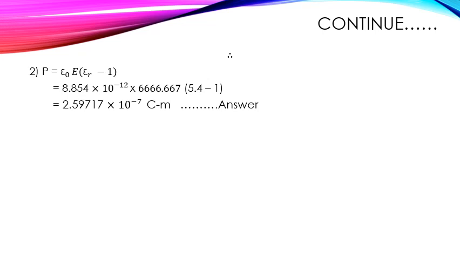Now what is polarization? We know that a dielectric consists of molecules, the atomic nuclei of which are effectively fixed relative to each other. So in the absence of any external field, the electrons are distributed symmetrically around the nucleus at any instant.